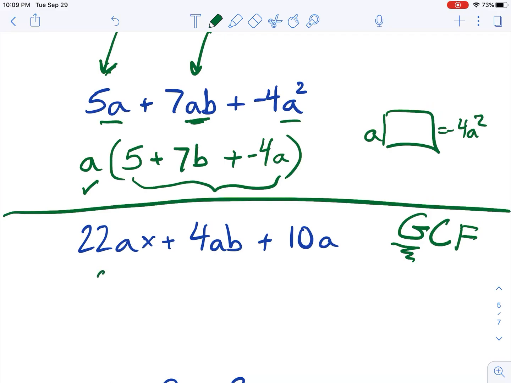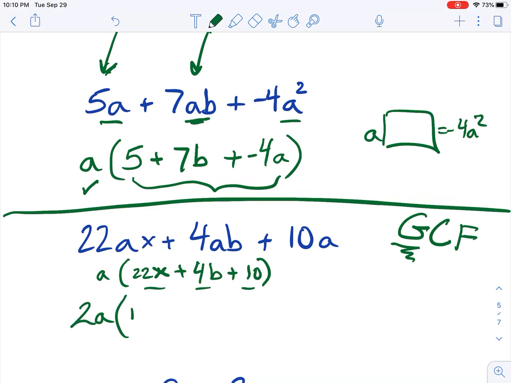So if you factor out an A, you could do that. But then if you looked at all of these, there's still something in common. So then you'd want to factor out a 2. So you'd have the A still out in front, and now you would factor out a 2. Then you'd have 11x and 2b and 5.